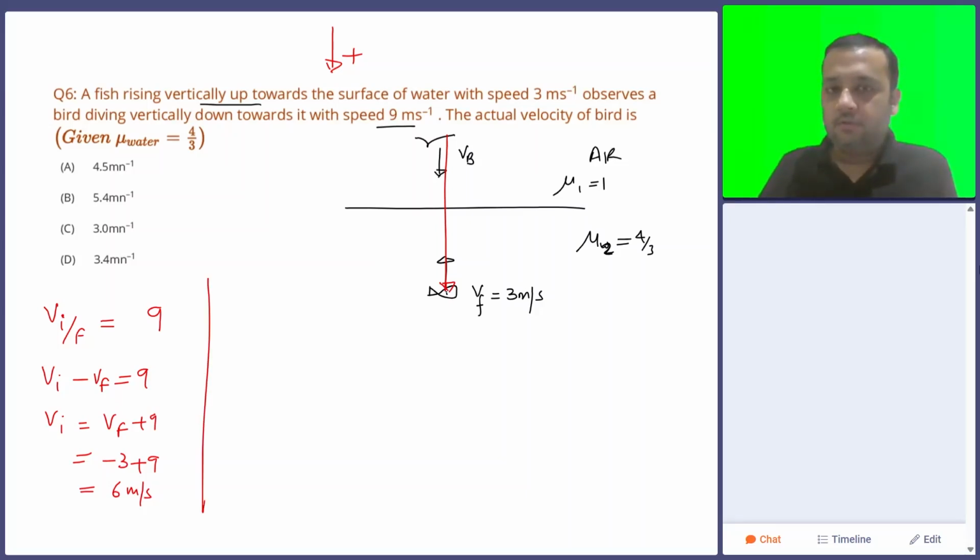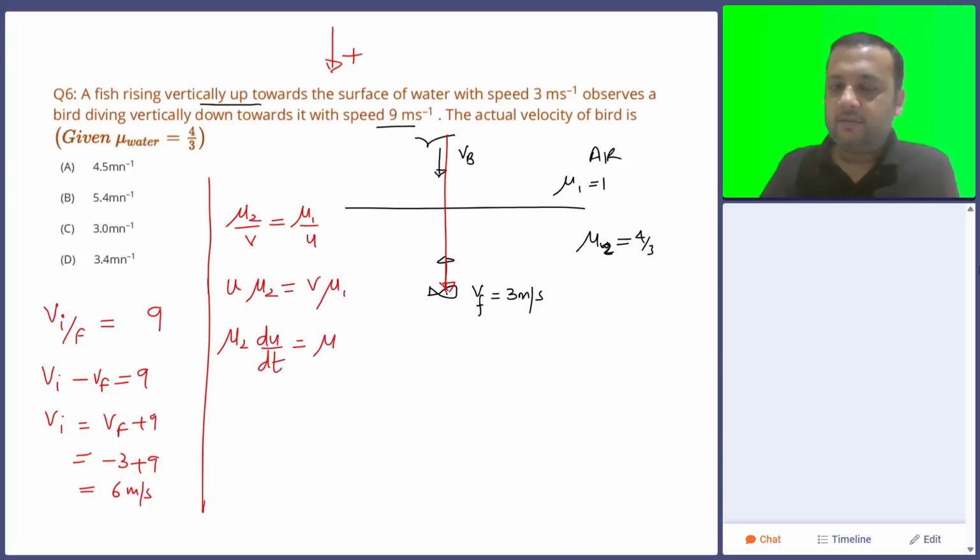Now, you know that when light crosses this plane surface, we can use the formula mu2 by v is equal to mu1 by u. So basically, you might have remembered this formula as mu2 by mu1 is equal to apparent depth by real depth. So this is the same formula I'm talking about. Now, you can take it on the LHS: u into mu2 is equal to v into mu1. Now if you differentiate this, mu2 into du by dt will be equal to mu1 into dv by dt.